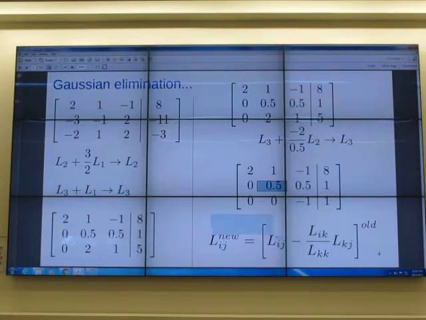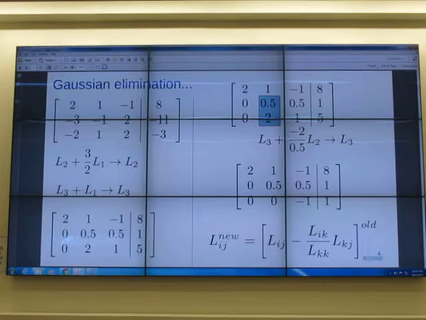So that's the formula. Every time, the new equation is the equation to be used as a base, or pivoting equation, divided by the pivoting element LKK and multiplied by the element of the new equation that is in the same column as that pivoting element, okay?